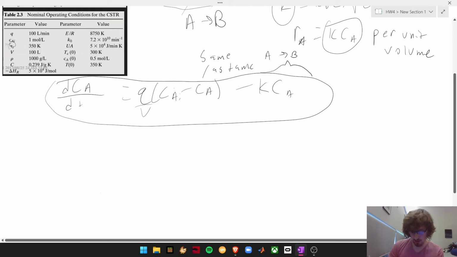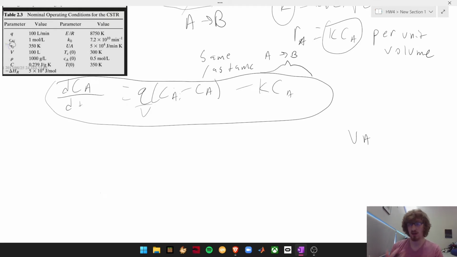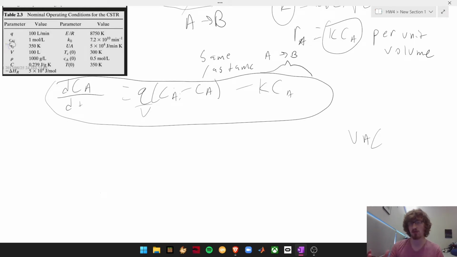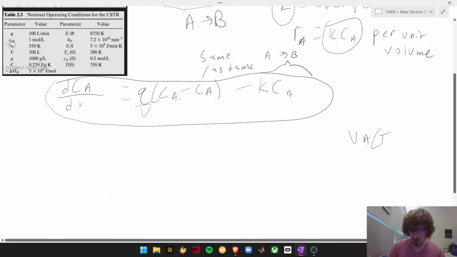And when setting up UA, and there's a lot that goes behind this that we're not going to do, but in setting up UA, it makes it super simple. When we have the value UA, this is a constant that we multiply by some other thing, and the simplest thing that we can do is the difference in temperature between the tank and the coolant jacket.